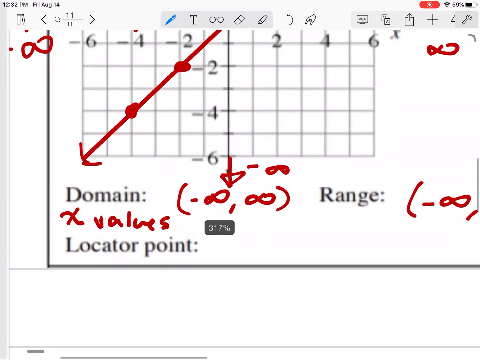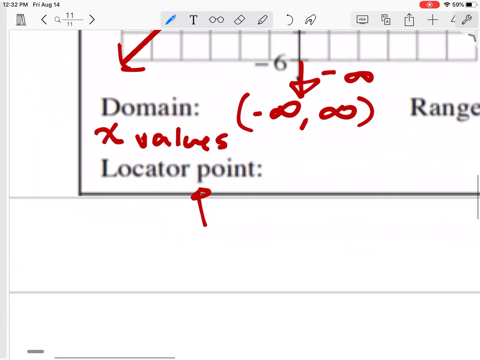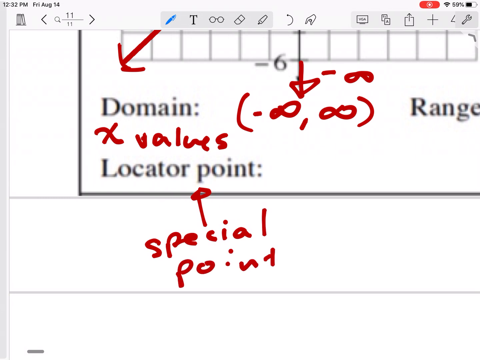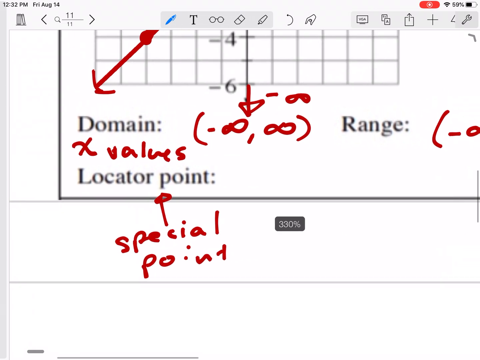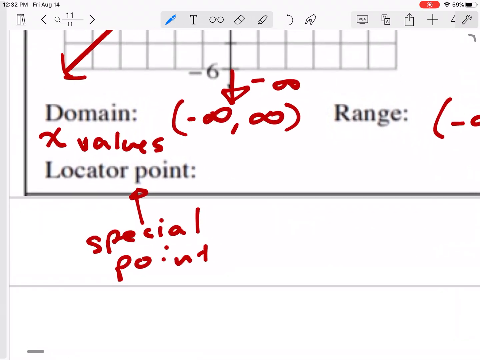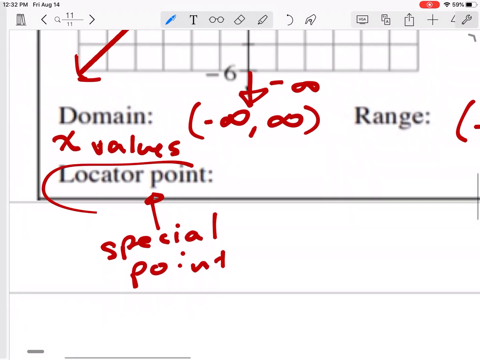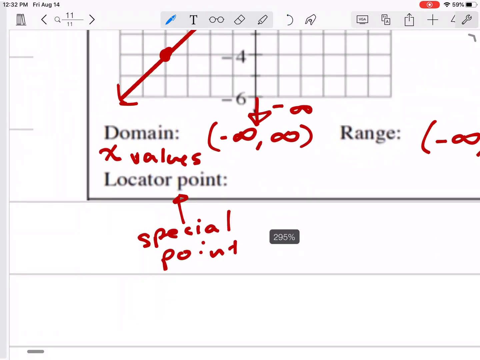Locator point. This is like a special point. So it could be something like an intercept, it could be a vertex, it could be a maximum or minimum, it could be an asymptote. So depending on what's a notable feature of the graph, that's what this could be.